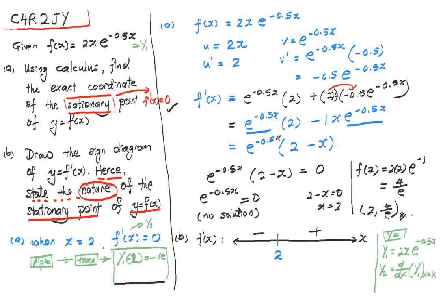So I want to show you now how I am going to sketch the graph. If you put x equals 1, you will get negative, definitely. You're using Y1, which is f x, not f prime x. Oh, sorry, Y2. Thank you.